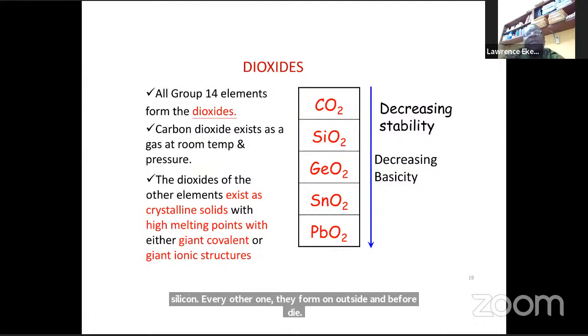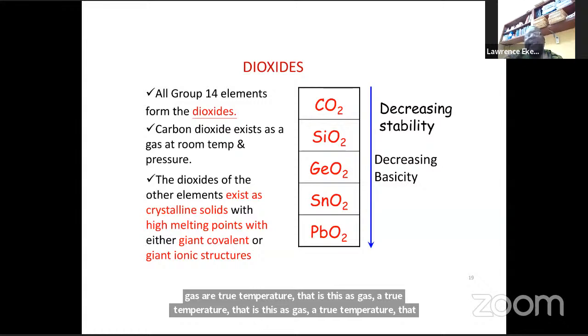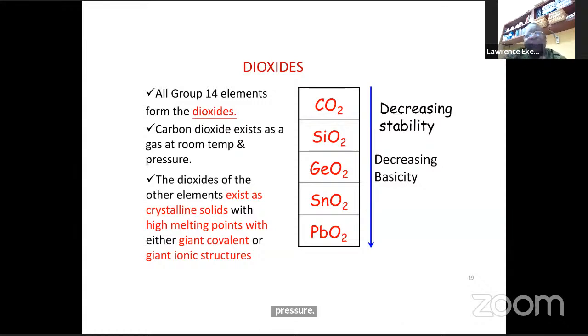Like I mentioned, all the group 14 elements form dioxides. For example, carbon dioxide exists as a gas at room temperature and pressure. We know that we breathe out carbon dioxide. The stability of these dioxides decreases down the group.